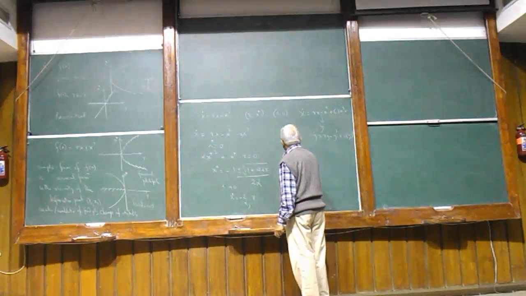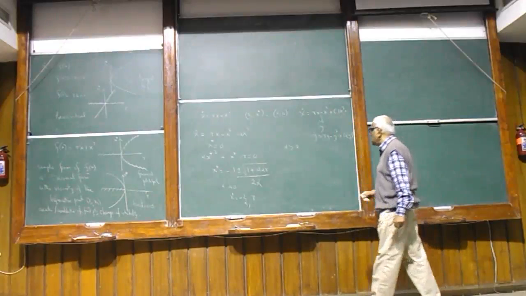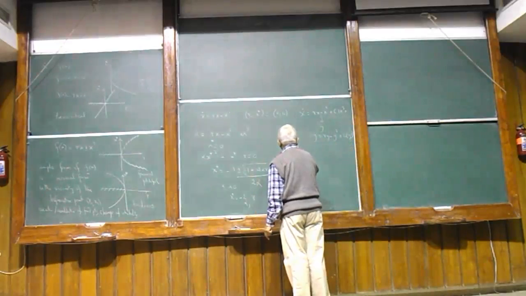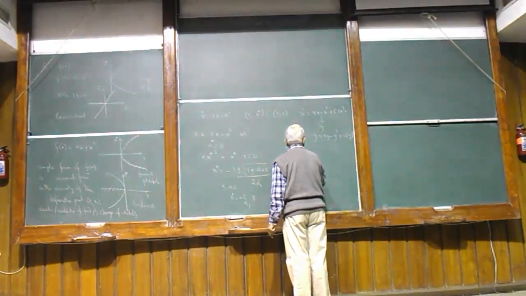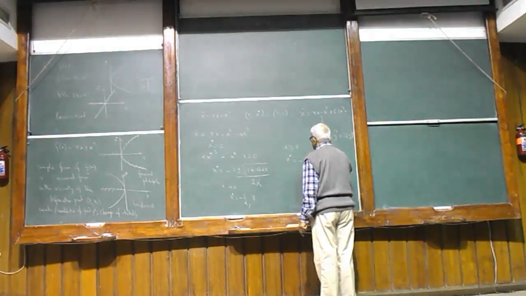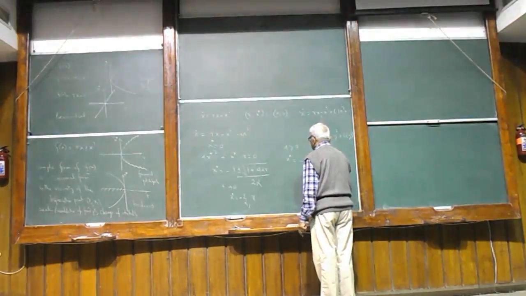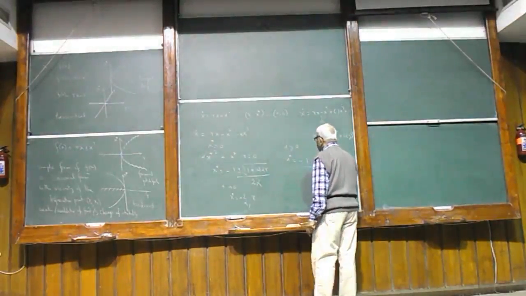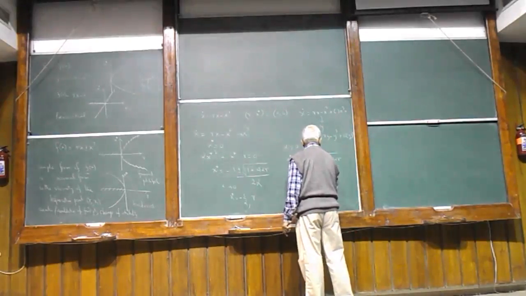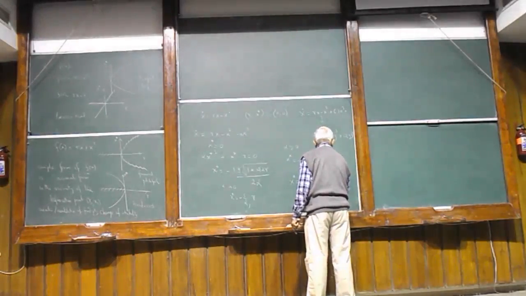Let's keep alpha greater than 0, and I'm looking at one root, x star equal to minus 1 minus the square root of 1 plus 4 alpha r, divided by 2 alpha, and the other, x star equal to minus 1 plus the square root of 1 plus 4 alpha r, divided by 2 alpha.